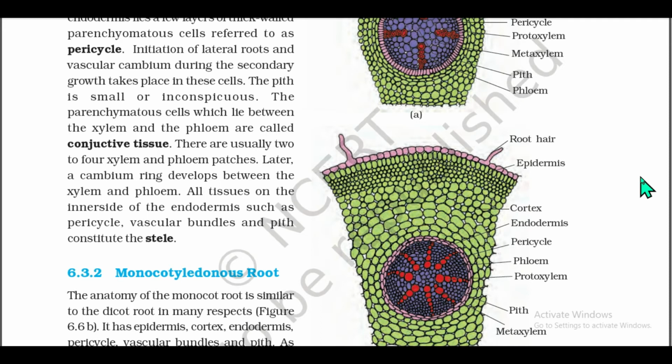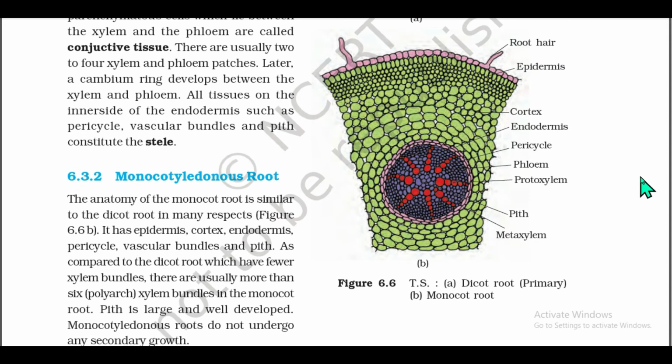The parenchymatous cells which lie between the xylem and phloem are called conjunctive tissue. There are usually 2 to 4 xylem and phloem patches. Later, a cambium ring develops between the xylem and phloem. All tissues on the inner side of the endodermis such as pericycle, vascular bundles and pith constitute the stele.